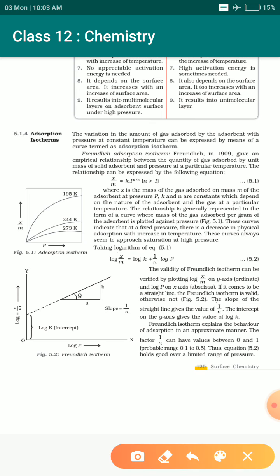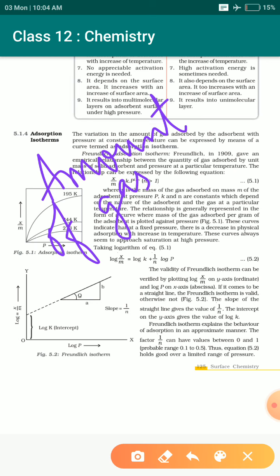Adsorption isotherm is a variation showing the adsorption of gas on solid.